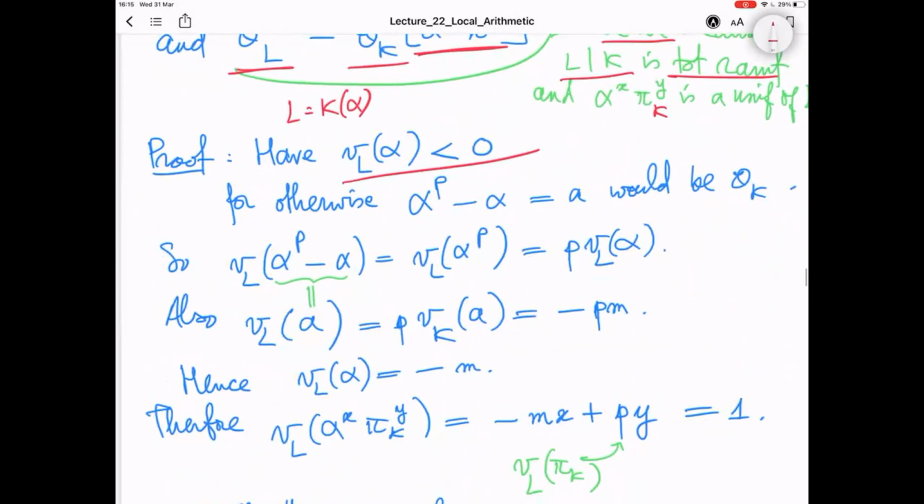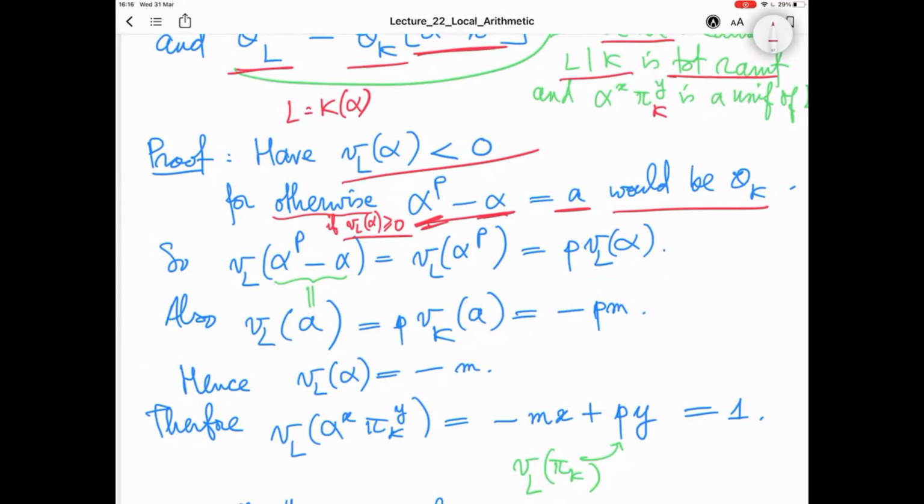Because otherwise, if VL of alpha were positive, then of course alpha would be an integer, alpha to the P would be an integer, the difference would be an integer, so this A would be in OK.